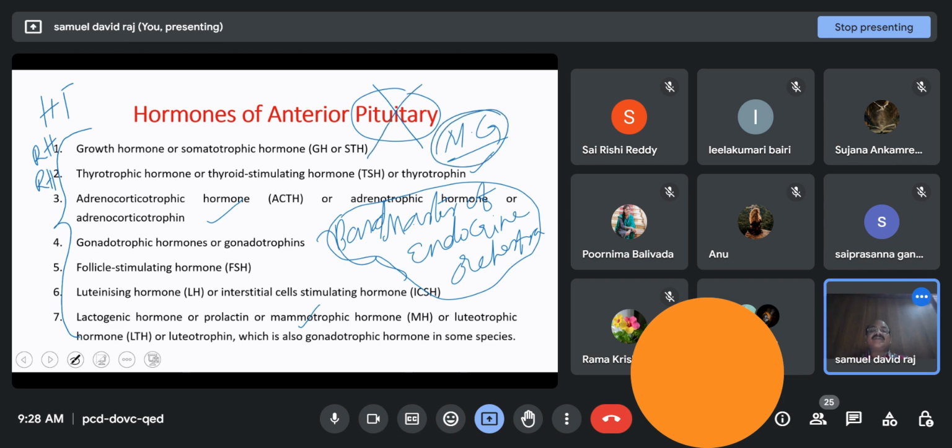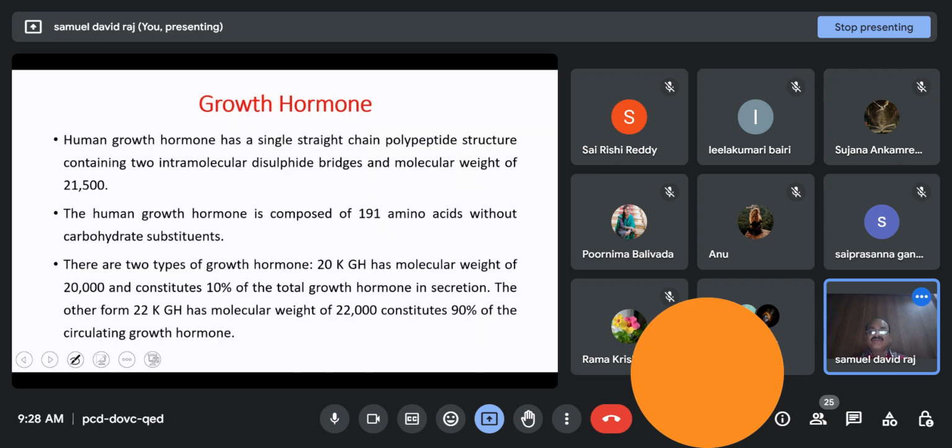Because it is in turn serving under another master called the hypothalamus. So previously, pituitary gland was a master gland. Now it is no more a master gland because it is under the control of the releasing hormones secreted by the hypothalamus.